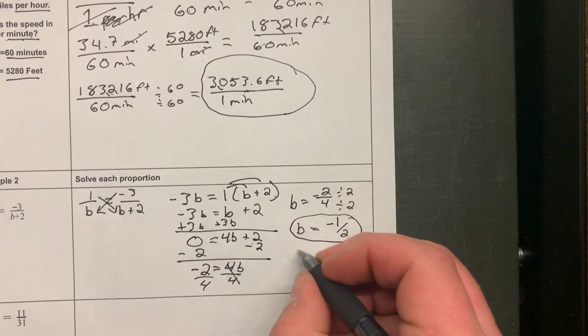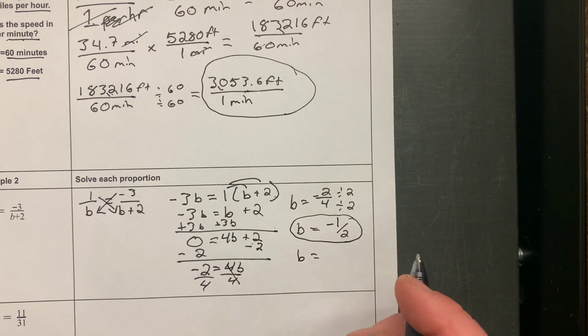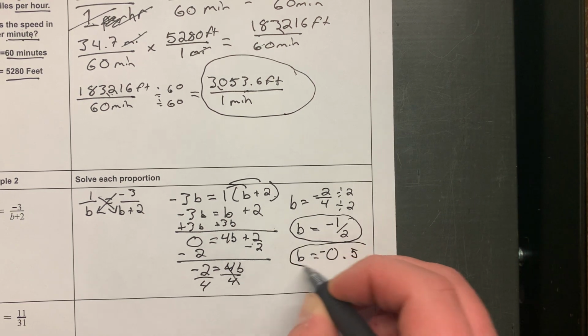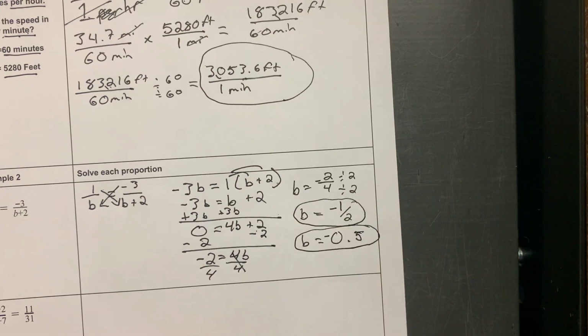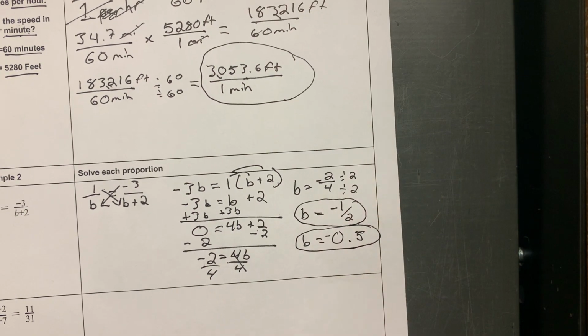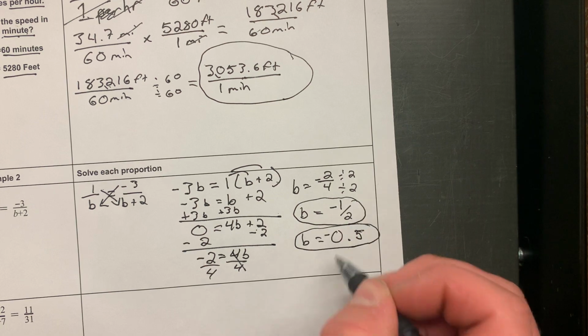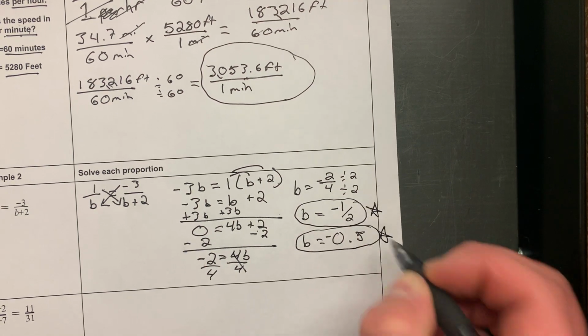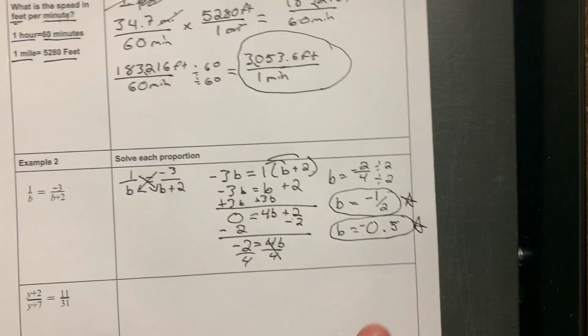You could also have divided -2 by 4 and received -0.5, and that is acceptable as well. Two different ways that you could have gotten down to that answer. All 3 answers are the same answer. We just like these ones better because they are in lowest terms.